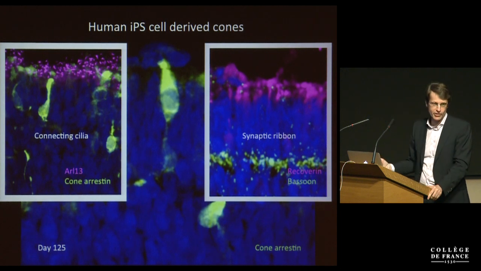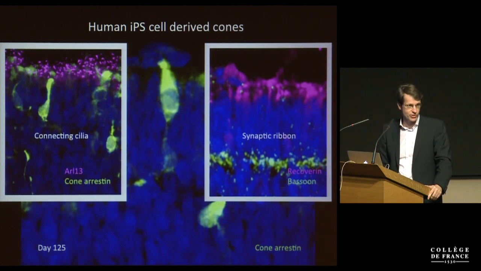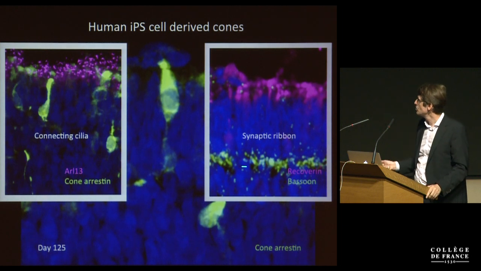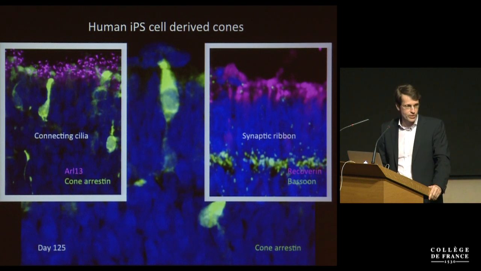These are just a few markers, but recently we did single-cell gene expression for several hundred of these cells, showing indeed that the gene expression is very close to normal human cone gene expression. And then we have thought a lot about what is the way to look at diseases, and went through several iterations. I'd like to share with you what we learned.